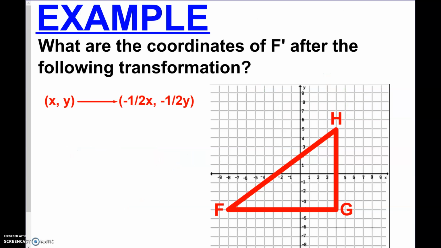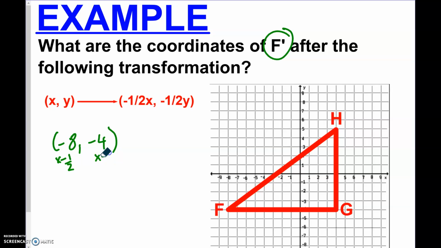And so the way to do that, what are the coordinates of F prime? Let's just focus on F, which is at (-8, -4). So we need to multiply by -1/2.